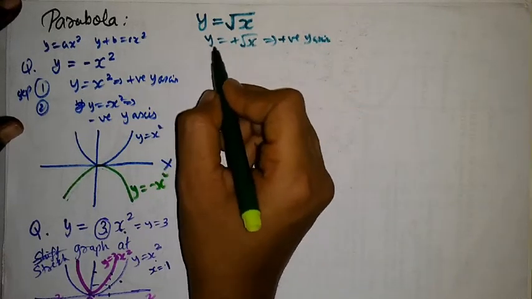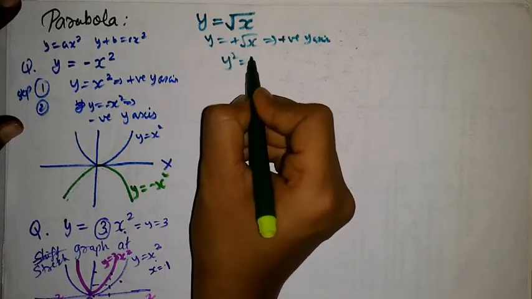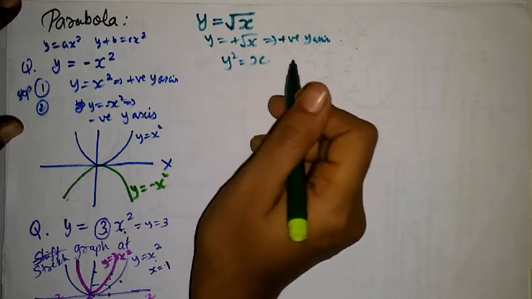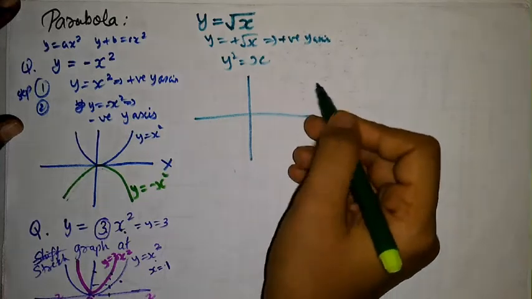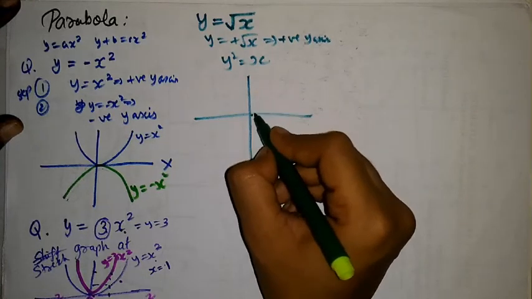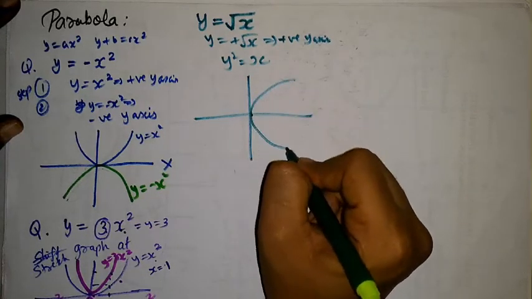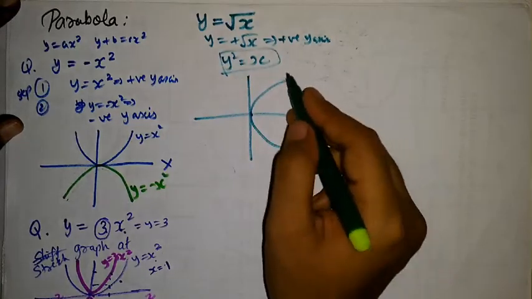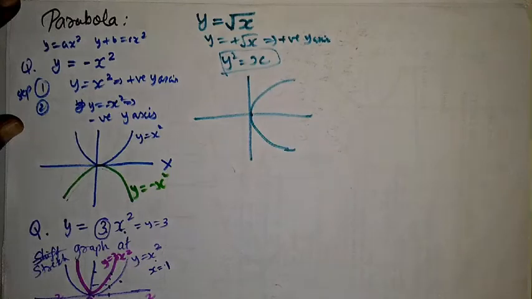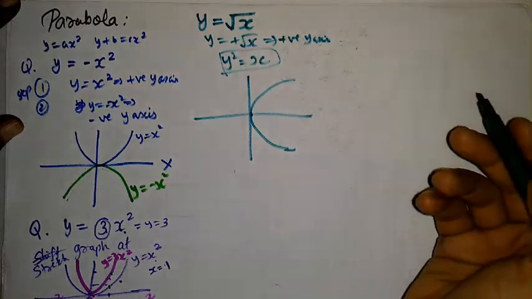Now square both sides. We get y square is equal to x. We know how to draw the graph of y square is equal to x. Many students draw this graph and try to solve the problem.